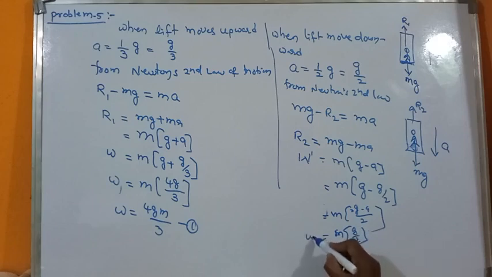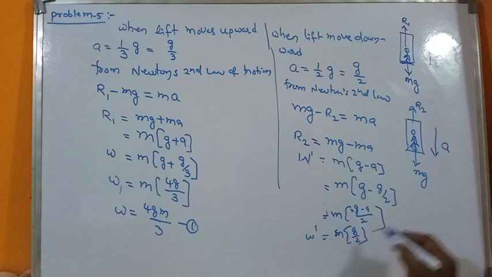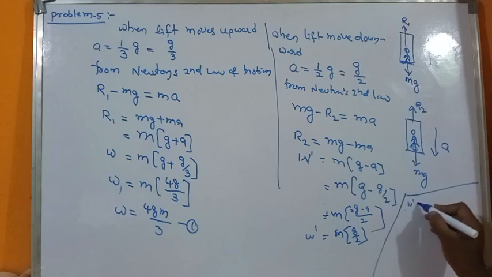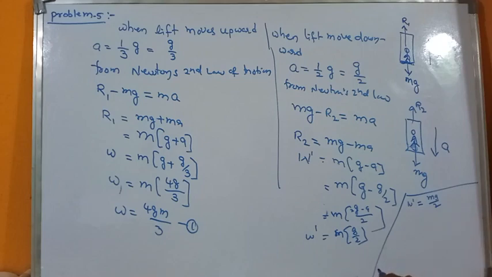This is our W dash. Now we want to find out this W dash, so W dash is equal to mg by 2.